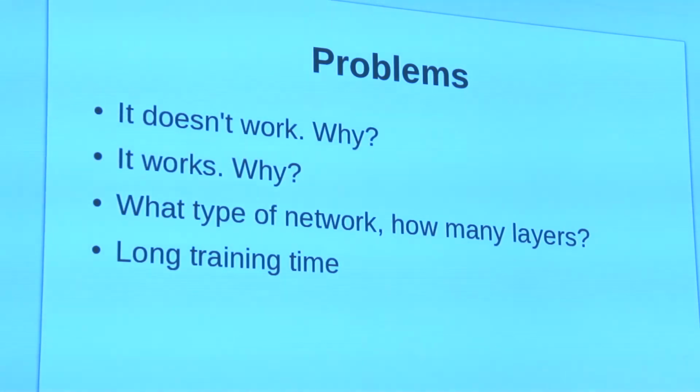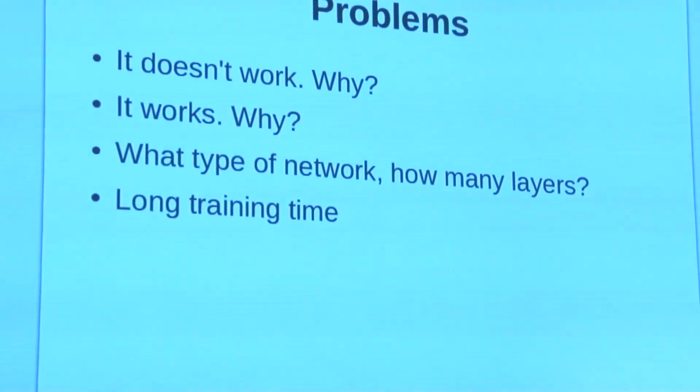Do you need more layers? Do you need more neurons? Do you need a different kernel size? You just have to do sensitivity analysis, which means guessing, right? If it works, it's the same thing. You don't know why. It's actually like a post I recently saw on Twitter, how working with neural networks looks like. It works, why? It doesn't work, why? So that's a big problem.